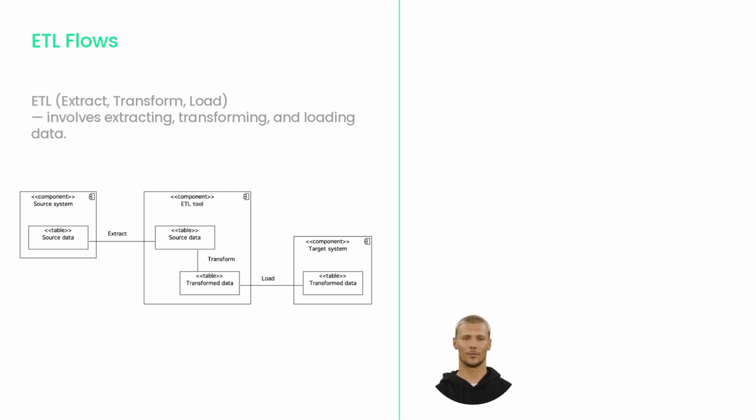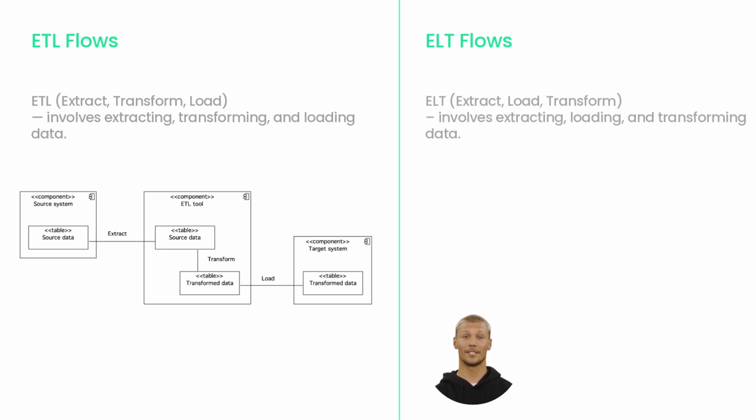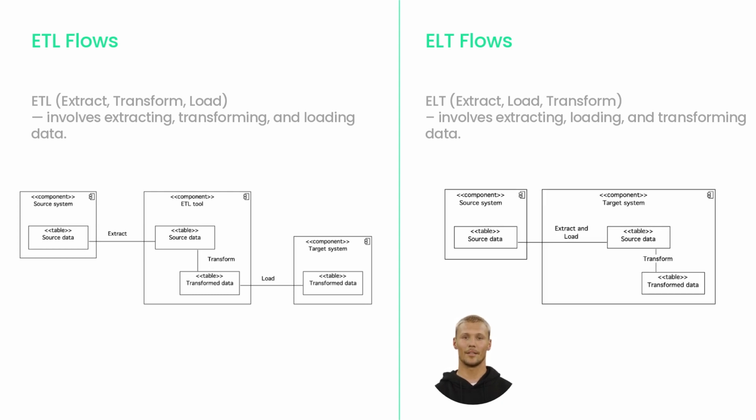We use an additional tool. ELT: extract, load, transform. It is a process that involves extracting, loading, and transforming data. The steps of loading and transforming data occur in a different order compared to the ETL process. In the first step, the data is extracted from the source system or systems, and then loaded into the target system.